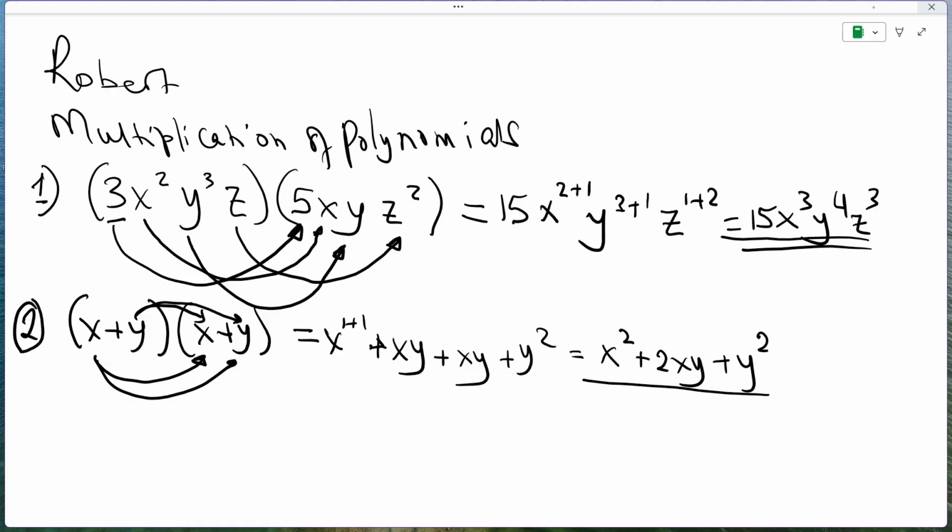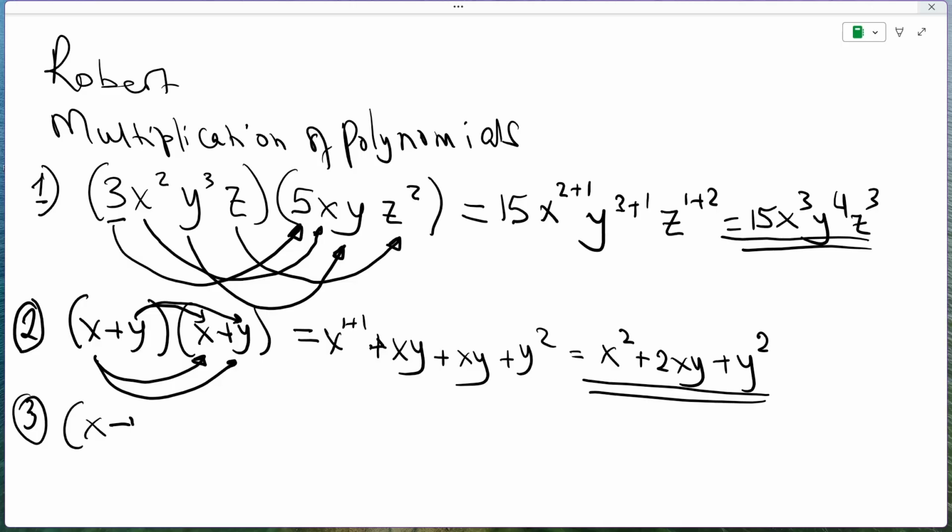And that is our answer. Again, these examples we are working out are examples that we'll use later on when we do more advanced solutions of polynomial problems.